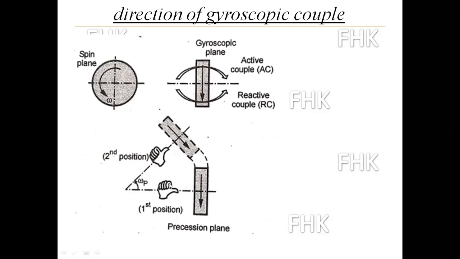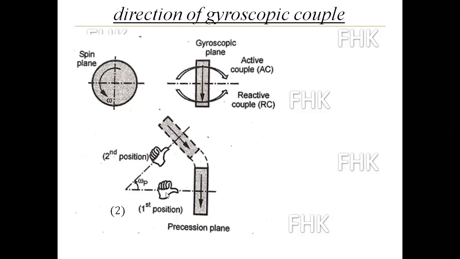When the curling finger shows the direction of rotation, the thumb shows the direction of the vector in the first position. Then the precession is taking place around bearing A, in anti-clockwise direction. So this will become the second position.